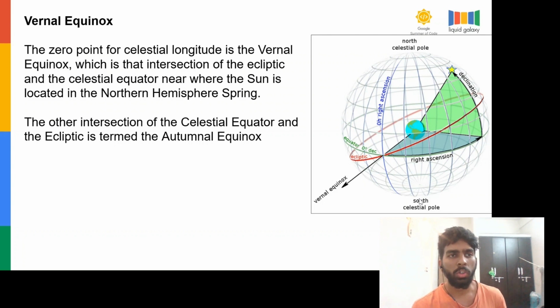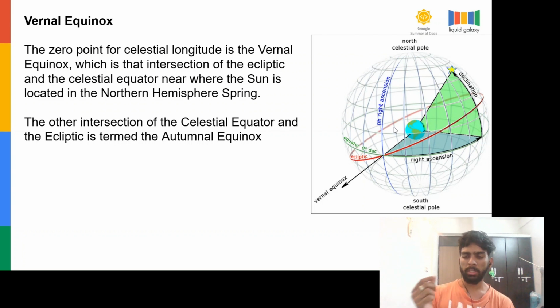The zeroth point for celestial longitude is the vernal equinox, which is the intersection of the ecliptic and the celestial equator, near the point where the red and green lines intersect. The red line which you see is the path that the Sun follows.